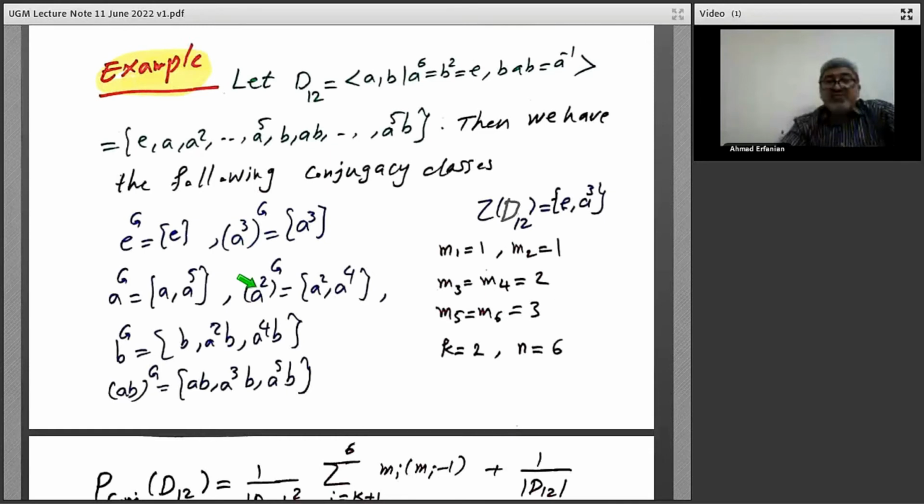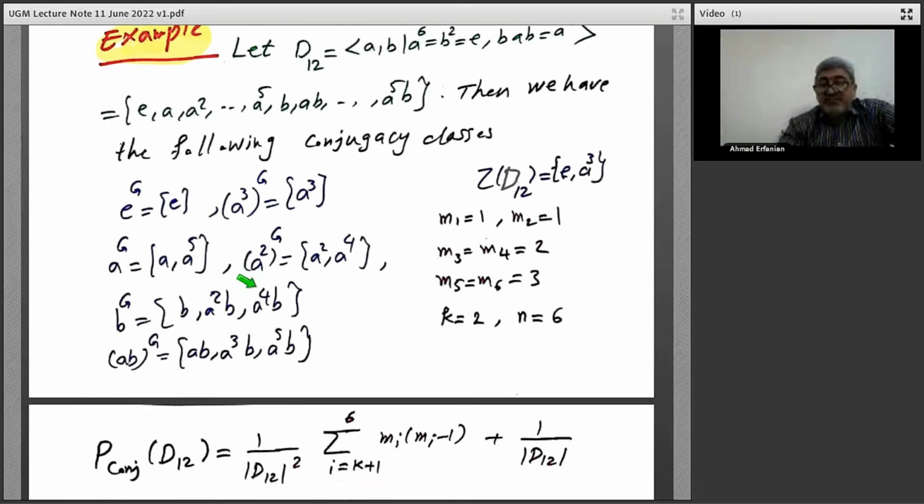Another example is the dihedral group of order 12. Here are the conjugacy classes of D12. We have two conjugacy classes as singleton sets, because the center consists of the identity and one more element.